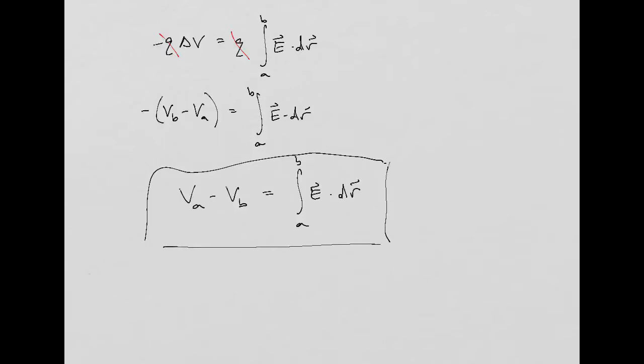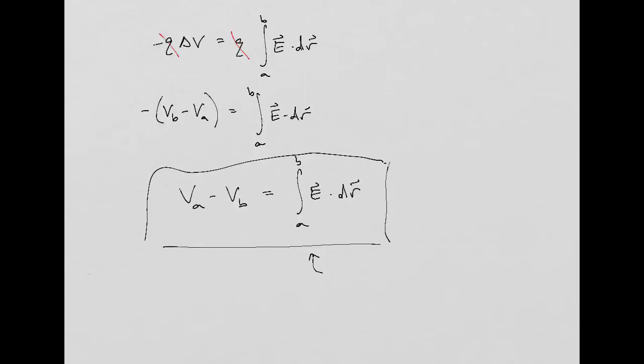Now I said before that the reason that we compute V is because it allows us to get electric field. And it actually is pretty easy to compute the electric field from potential. This doesn't look like it's very easy to compute electric field, right? It's in some nasty integral with a dot product, which you all, I'm sure, really love at this point. But this equation doesn't actually allow us to get electric field from potential.